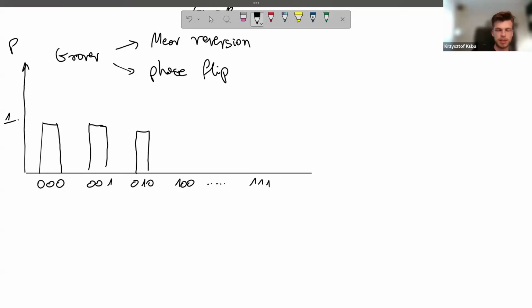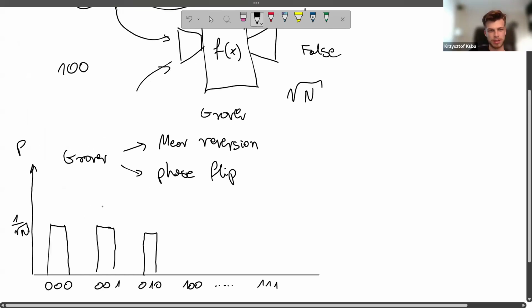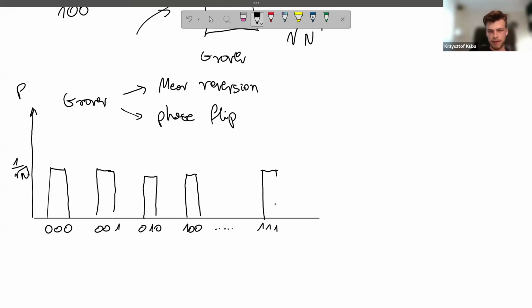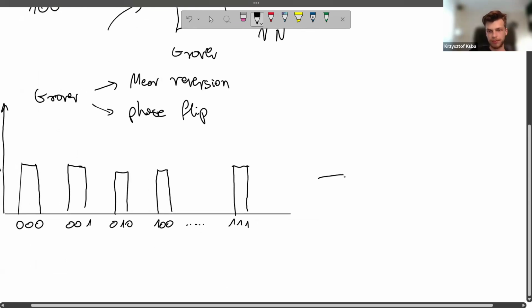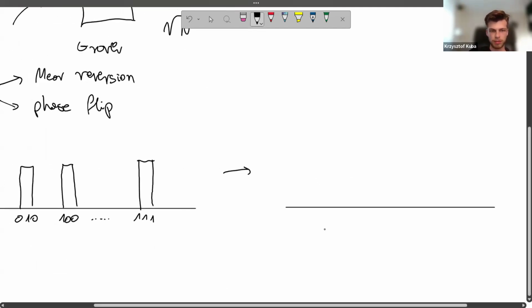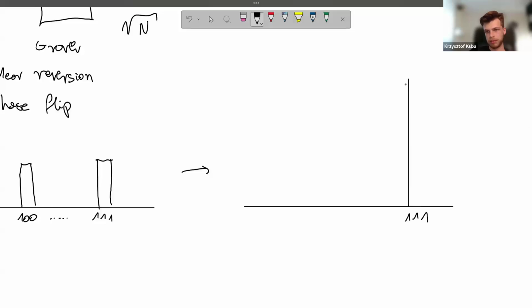If it's a superposition, then this should be 1 over square root of n. It's very tempting to see why this is so, but we'll see why the n is not connected here. We would like to construct an algorithm that actually gives us our correct answer at the end, let's say 1, 1, 1, which is the key we're looking for.